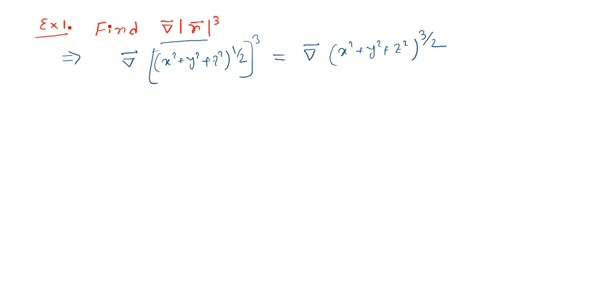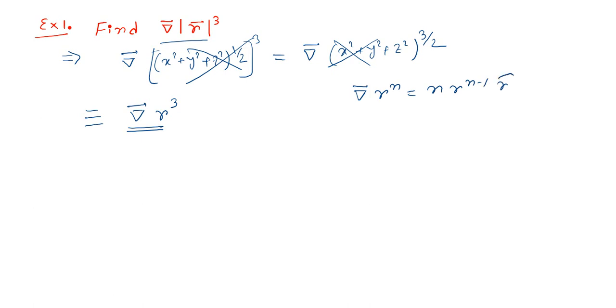Sorry, I don't think you need to do this, because you can directly use the formula, because it is equivalent to gradient of r to the power 3, right? We have gradient of r to the power n is n r to the power n minus 1 r cap. Similarly, you can write it is 3 r to the power 3 minus 1 r cap, or 3 r square r cap in terms of r cap.